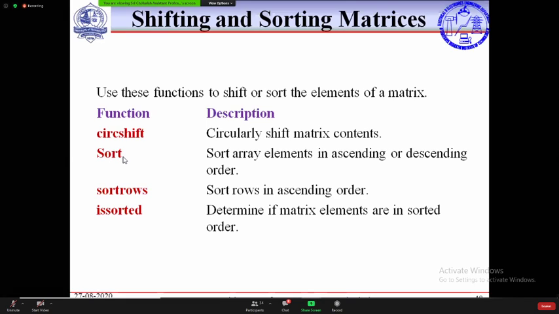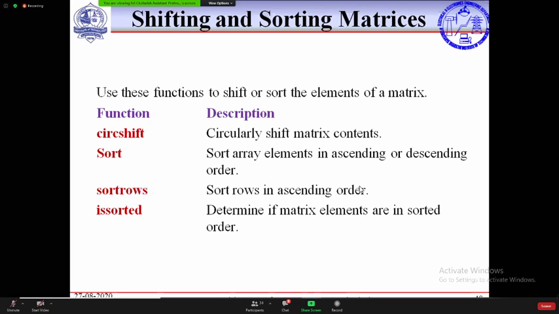Sort is an important function. This will play a key role in some of the things. Sort array elements in ascending or descending order. This sort will help you a lot. Just like in Excel we sort from A to Z or Z to A, when you want to arrange in ascending or descending order, it will do the same thing.